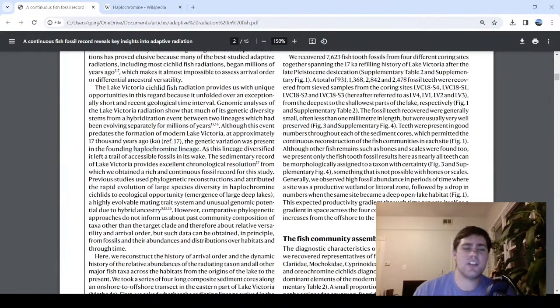As this lineage diversified, it left a trail of accessible fossils in its wake. The sedimentary record of Lake Victoria provides excellent chronological resolution from which we have attained a rich and continuous fossil record for this study.